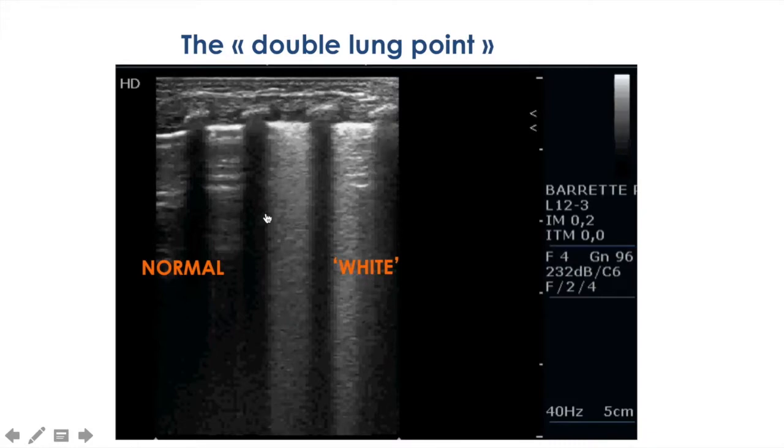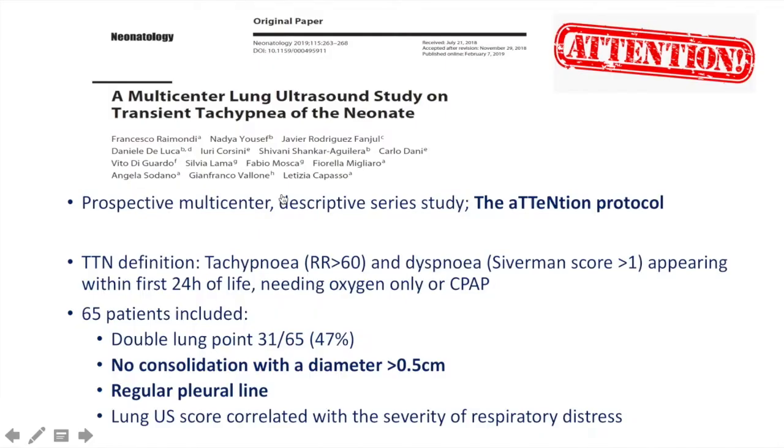This is why it's important that you orientate your videos properly, head on the left, foot on the right. So white lungs in the inferior areas, and near normal or normal appearance of the lung in the superior fields. This is what we call double lung. You have two different lung points, double lung point.